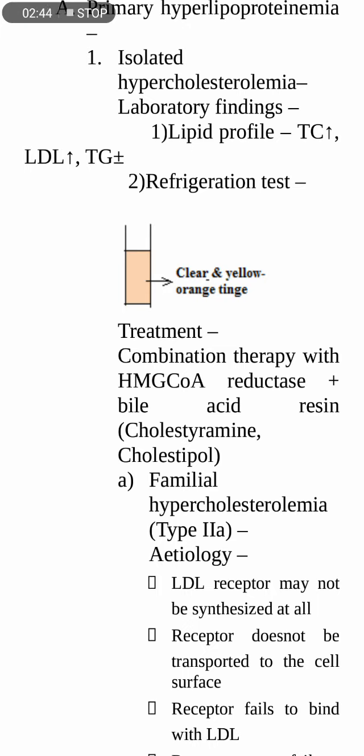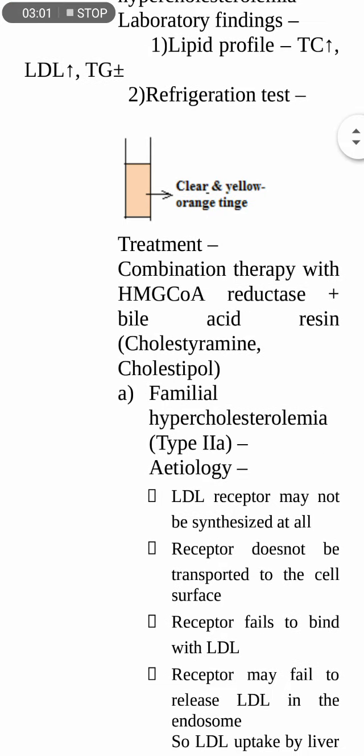The treatment of isolated hypercholesterolemia is a combination of HMG-CoA reductase inhibitor, that is the statin group of drugs, as well as bile acid resins. An example of this drug is cholestyramine.